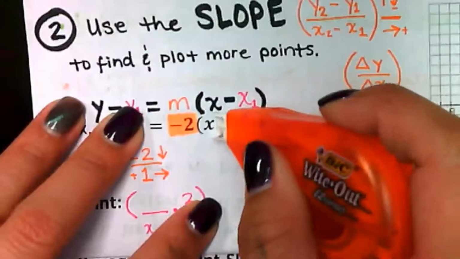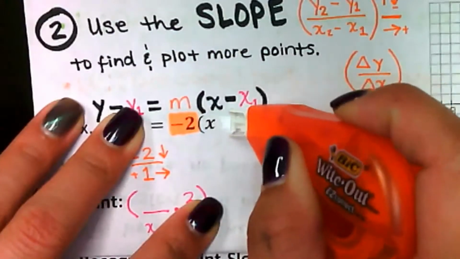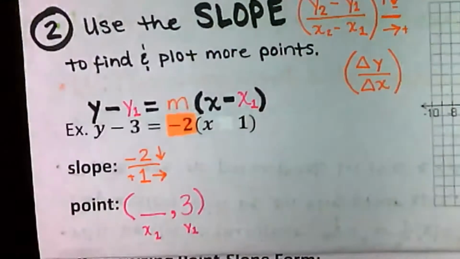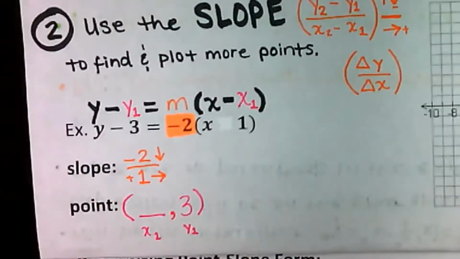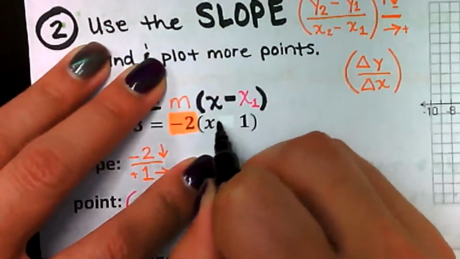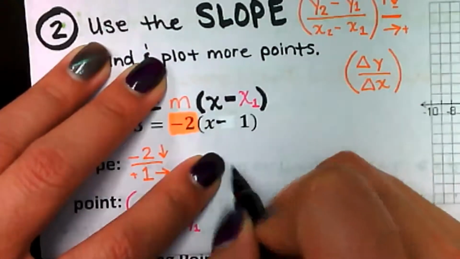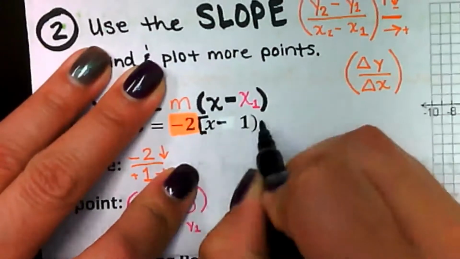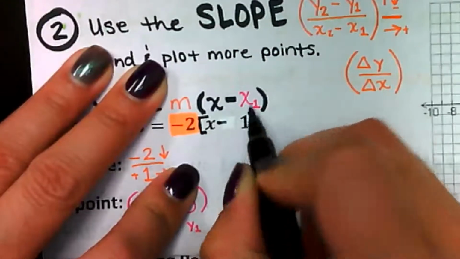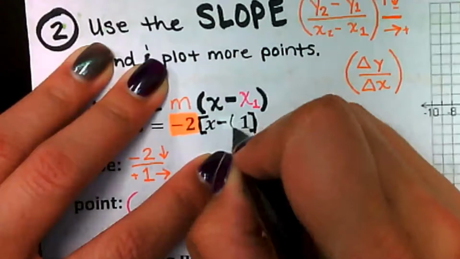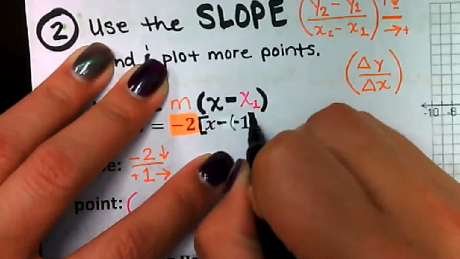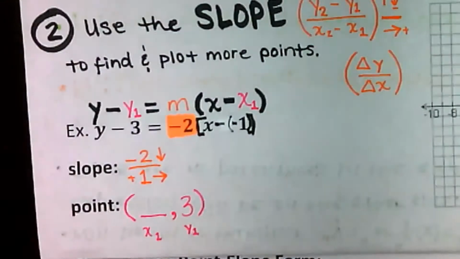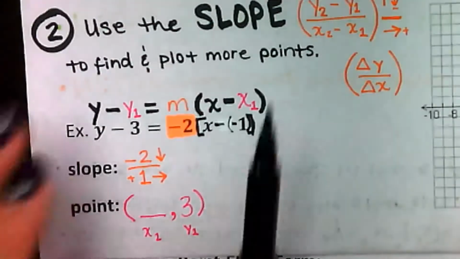And I know you're going to hate me for doing this. I'm evil. I'm going to use my white out here. Tell me if this is the same or not. What if I were to put down my subtraction symbol? Let's turn that into a bracket. And then say that this were negative 1.